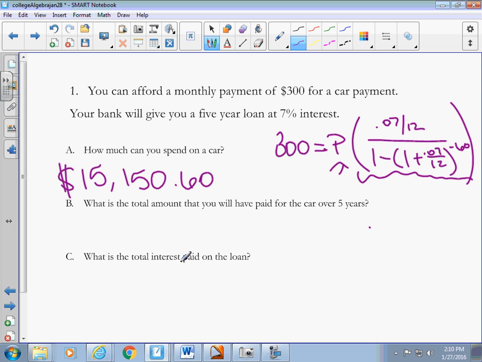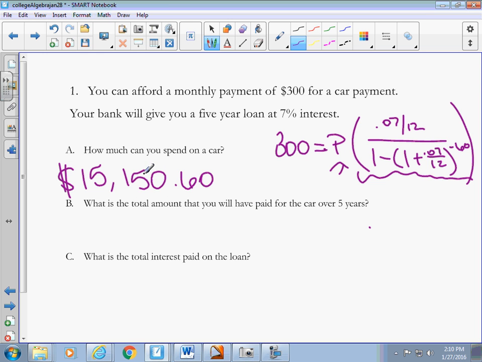So if I can afford the $300 a month payment, then I could go shopping and afford a $15,000 car if I was willing to make those payments over 5 years. Of course, I'm going to ask you this question a lot because I think it's an important life skill: what am I really going to pay for the car? How will I know?